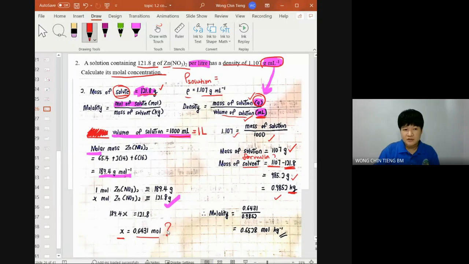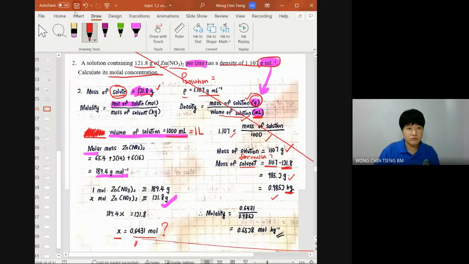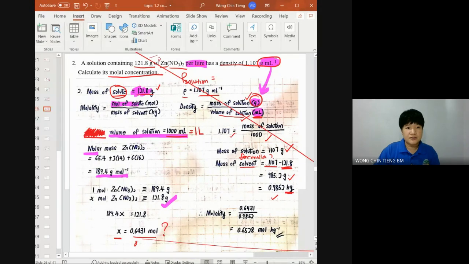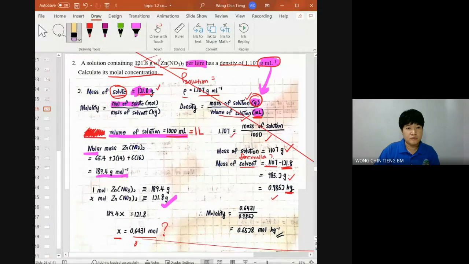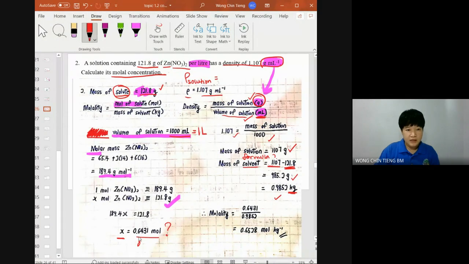So what is actually X? X is mole of your solute. For God's sake, X is actually the mole of your solute. Okay? Ataupun you can label straight away that is actually the mole of your ZnNO3 pun boleh. Tapi make sure kena label dia number of mole siapa.